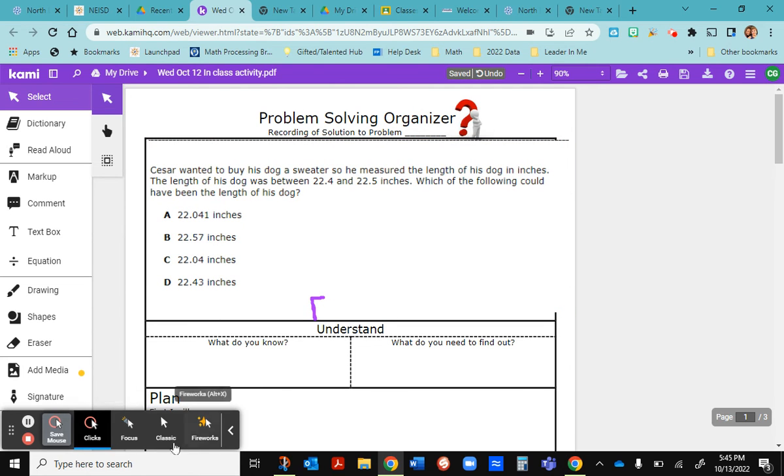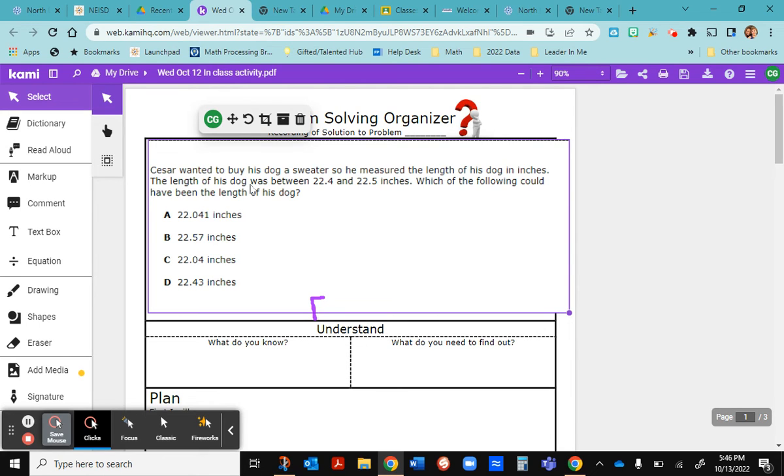Let's look at Caesar. Caesar wanted to buy his dog a sweater. Oh, how sweet. So he measured the length of his dog in inches. The length of his dog was between, get that? What's that between?